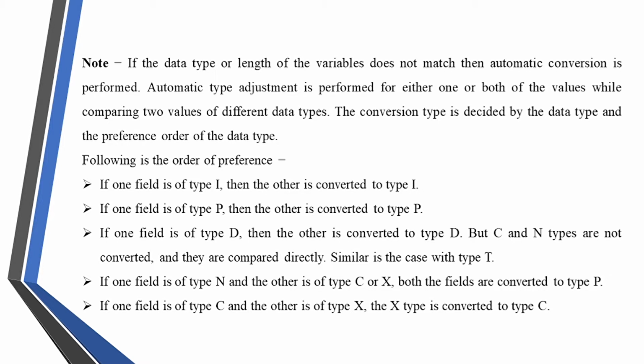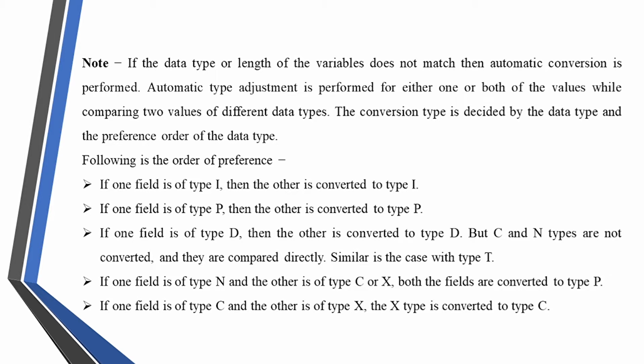To compare two variables, we need to follow a certain set of rules, that means prerequisites. If you want to compare two variables with comparisons like less than, less than or equal to, greater than or equal to, not equal to, and in between, we need to check whether the two variables belong to the same data type.